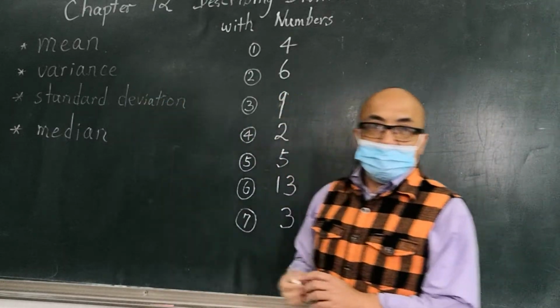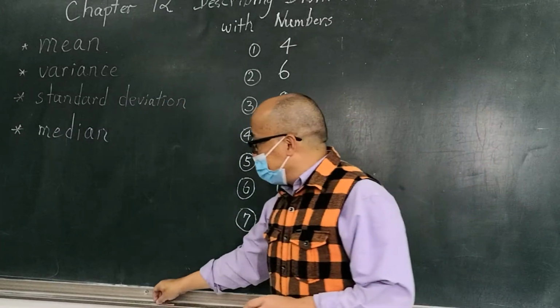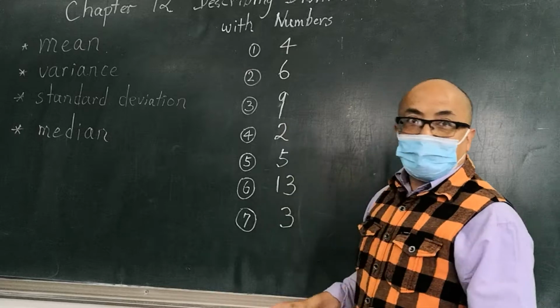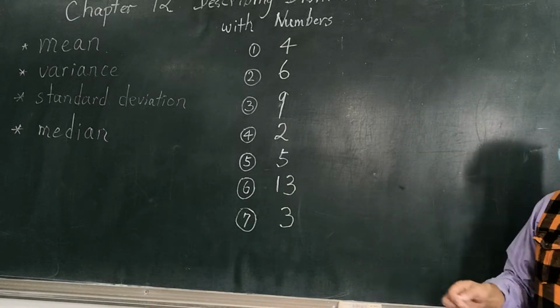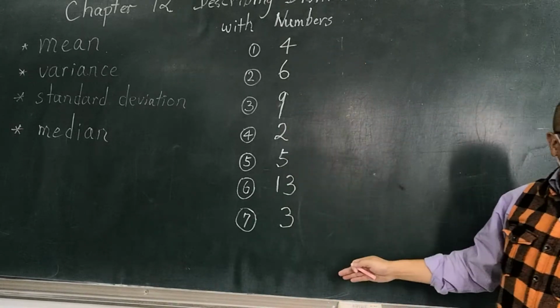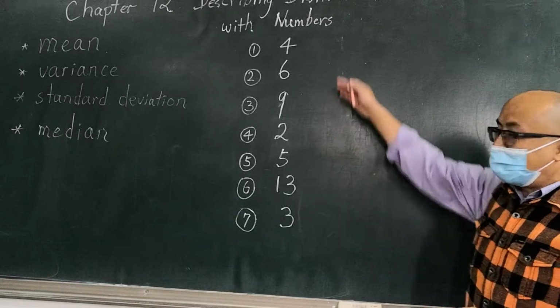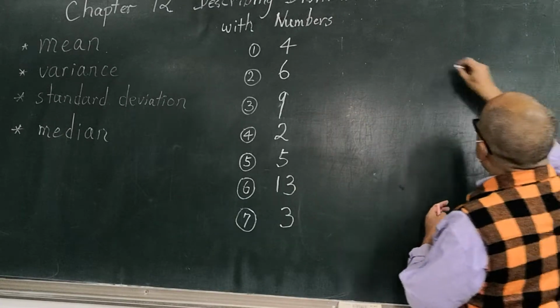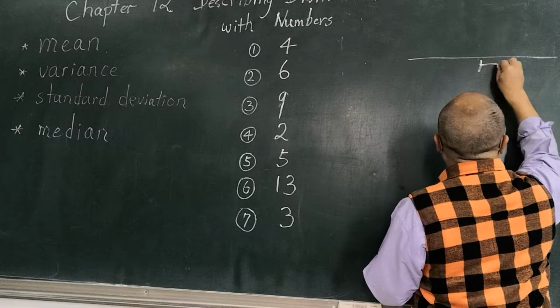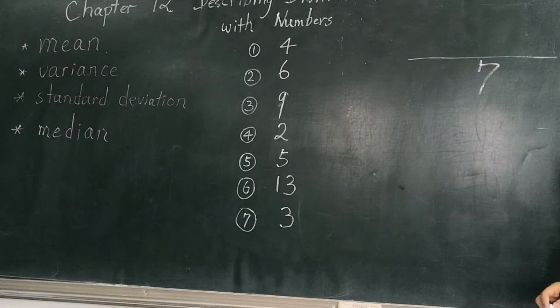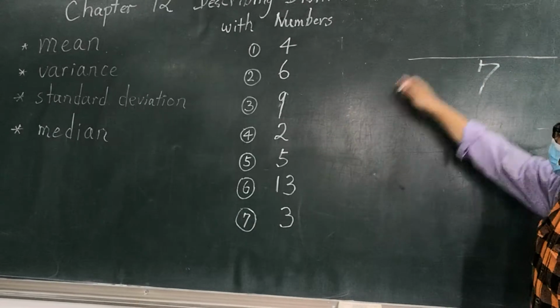For the mean, you think that is clear for you, right? Add them up and divide by 7.